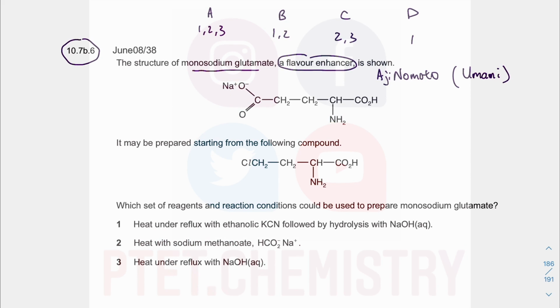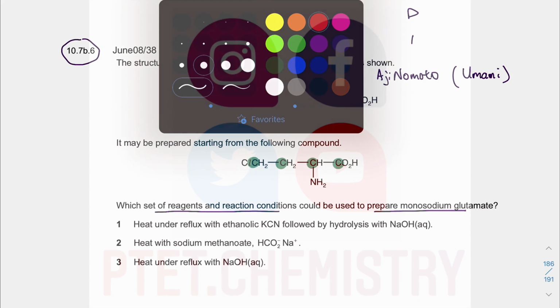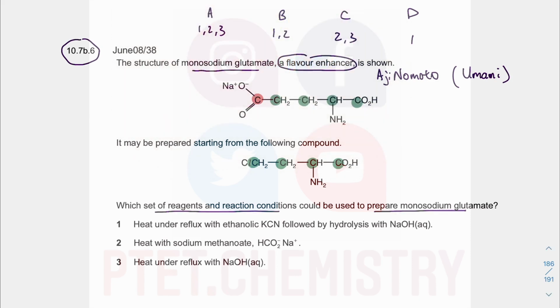So they're asking for what set of reagents and conditions could be used to prepare it. When you look at it carefully, you've got carbons 1, 2, 3, 4, with the carboxylic acid and the amine there, and you have an additional carbon, 5. So you have added 1 extra carbon, 5 carbons total, and there are only 4 carbons in the starting compound.